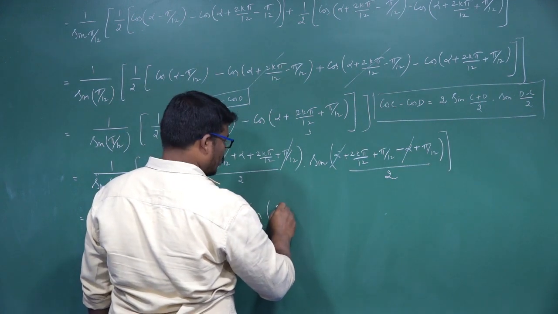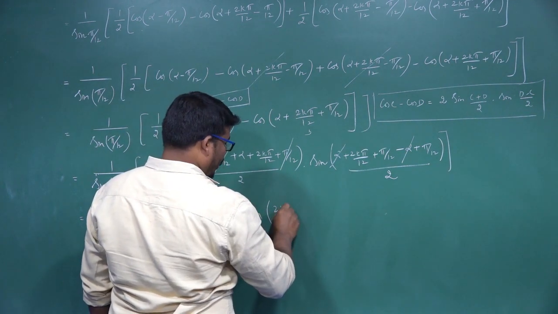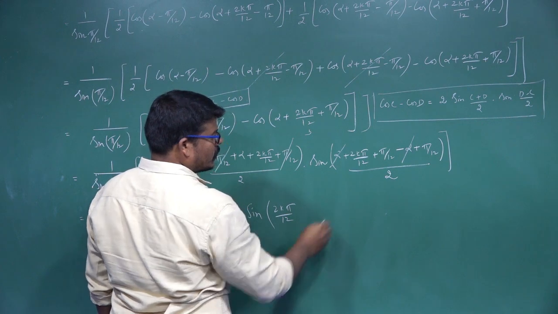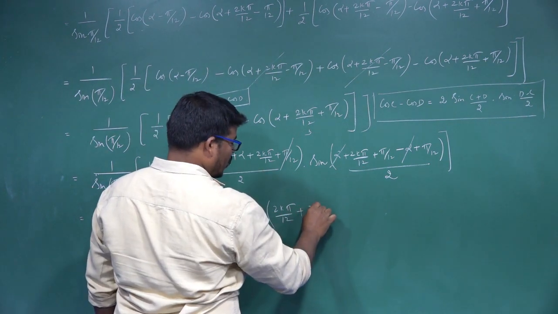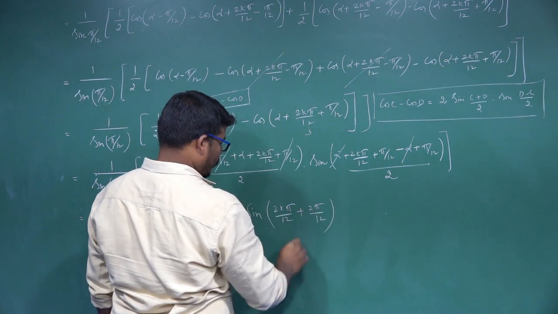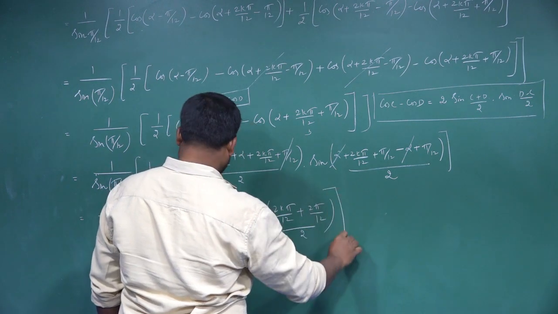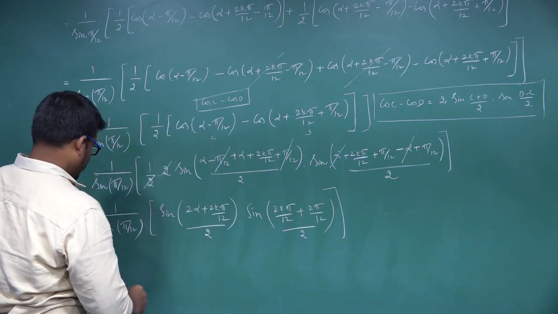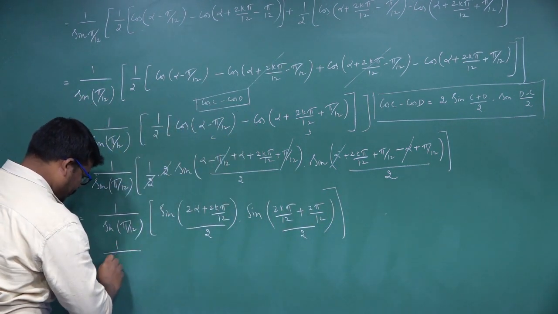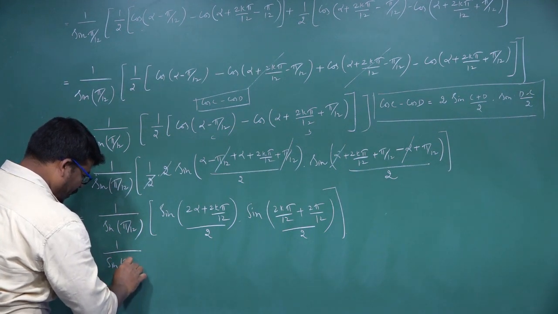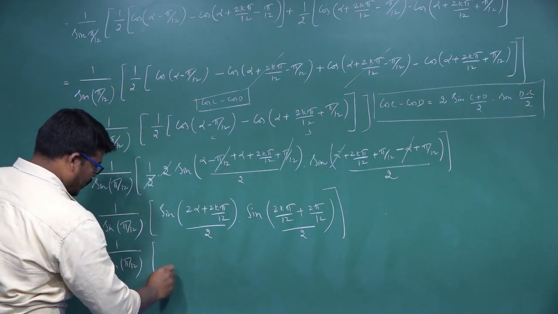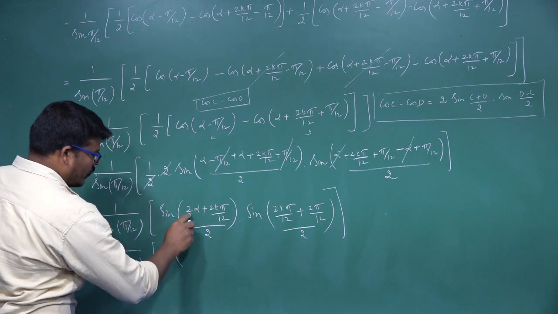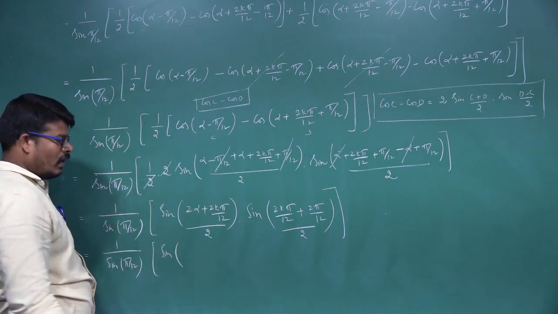2k pi by 12 plus 2 pi by 12 by 2. Next one, that is equal to 1 by sin pi by 12 into sin of 2 alpha plus 2k pi by 12.